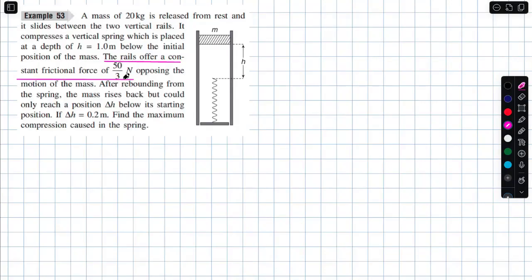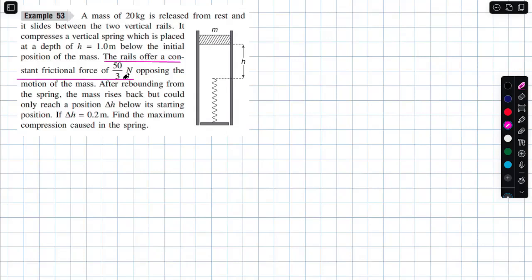After rebounding from the spring, the mass rises back, but could only reach a position delta H below the starting position. Delta H is given. Find the maximum compression caused in the spring.